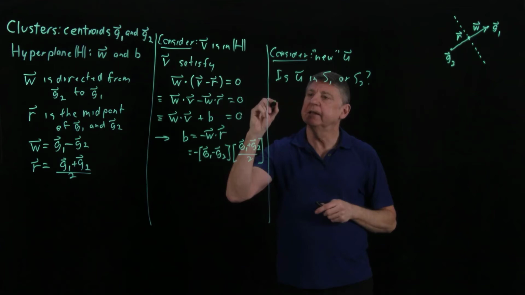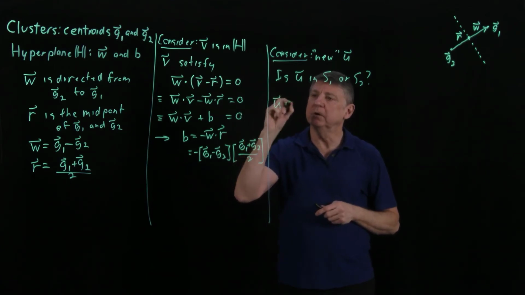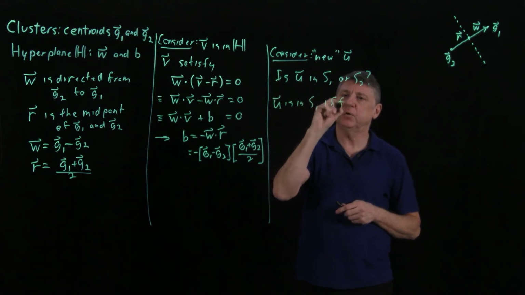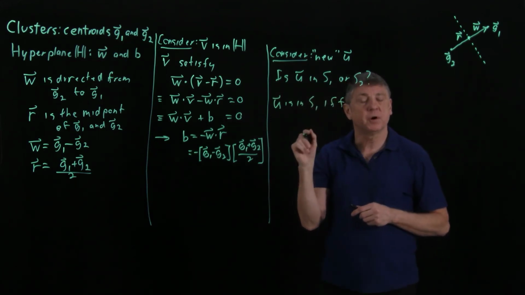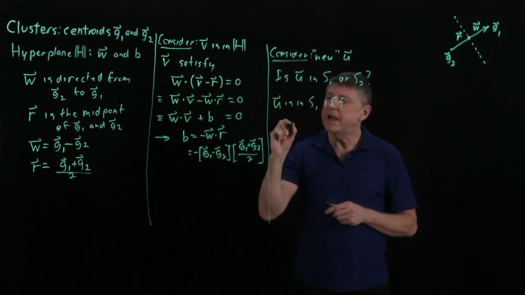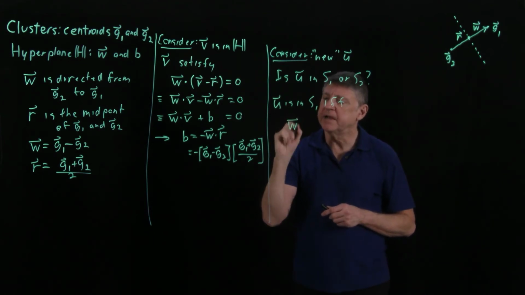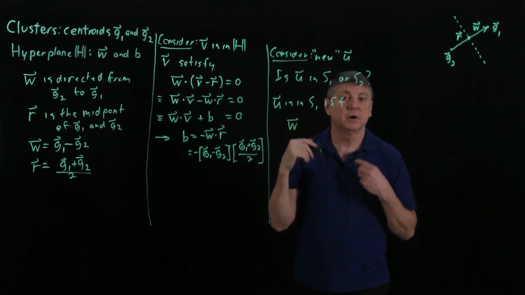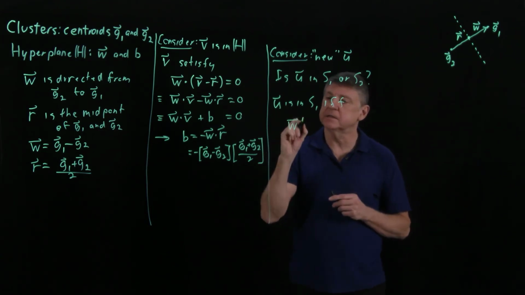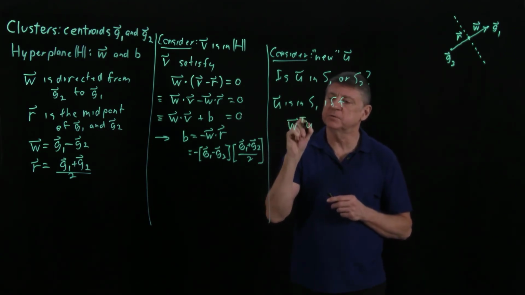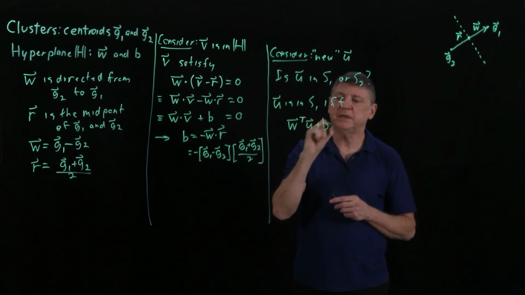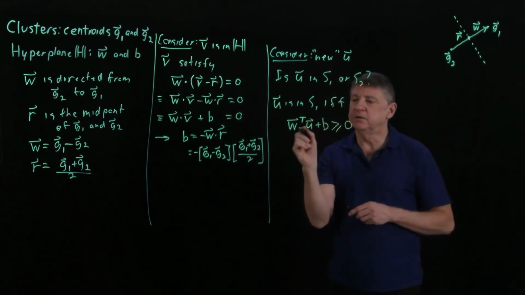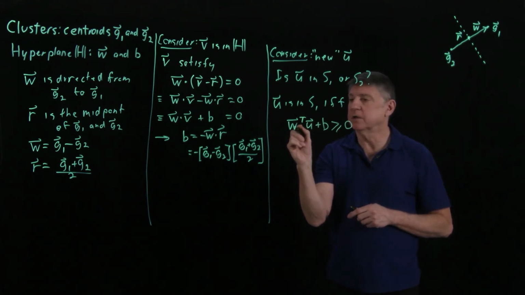So we'll say that u is in set 1 if and only if it's on the positive side of the hyperplane, and we can represent that. Now I'll use transpose instead of a dot product because this is a more usual way to write this: w transpose u plus b is greater than or equal to 0. Does it matter that w is not a unit vector?